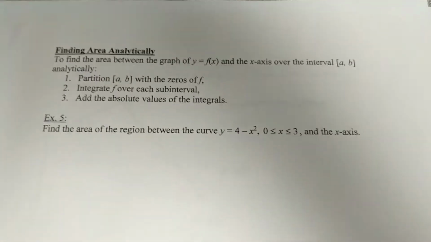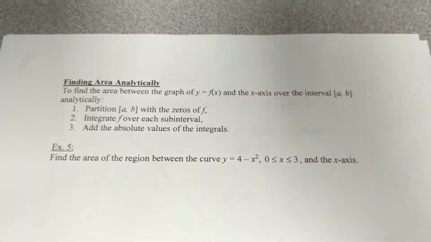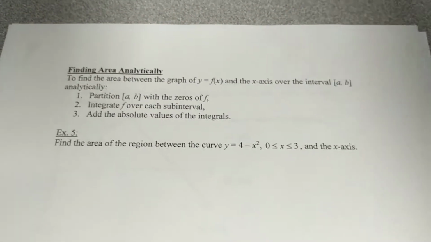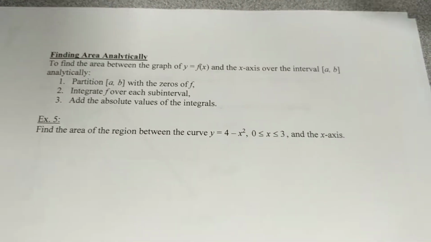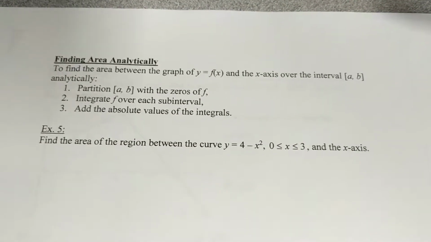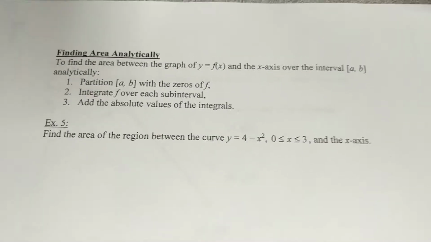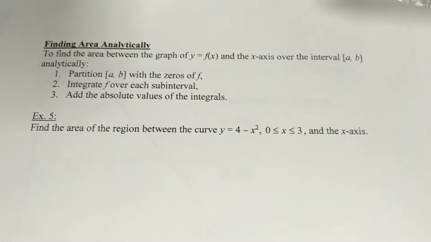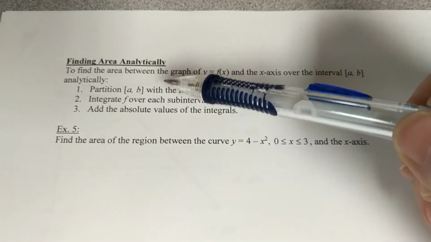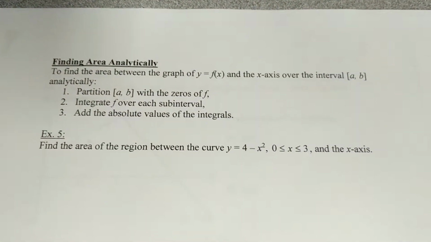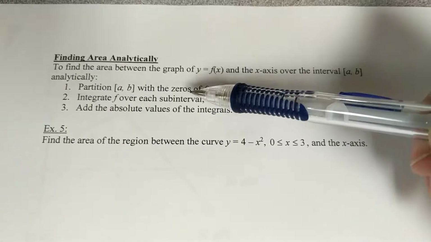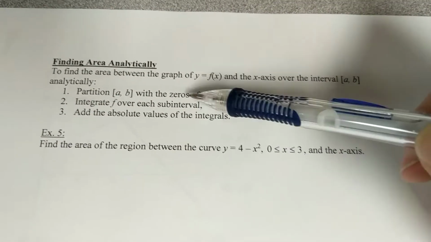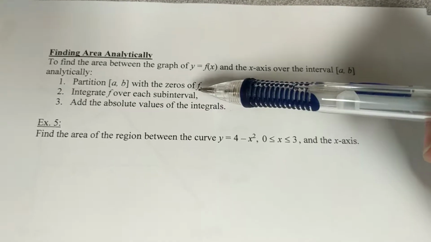So now, the only difference between finding an antiderivative and evaluating an integral and finding area is that your 3rd grade teacher wasn't so crazy when they told you area can't be negative. Actually, it was probably 5th grade that your teacher told you area can't be negative. So here it says to find the area between the graph and the x-axis over an interval from a to b, we're going to have to cut the function wherever there's a 0.